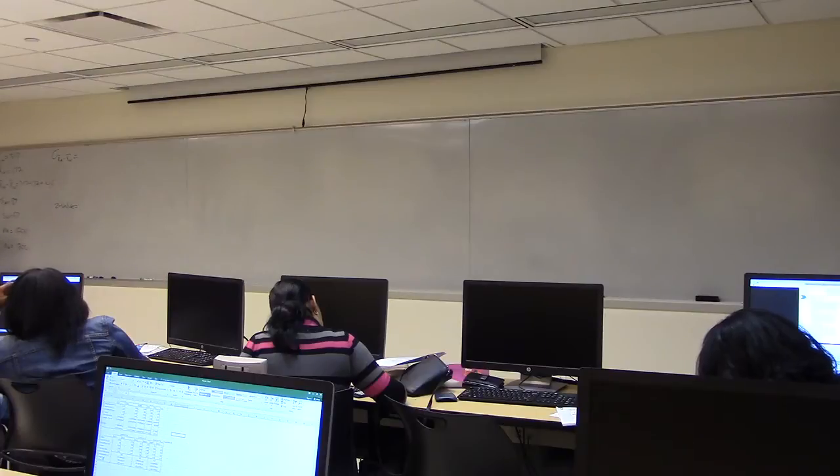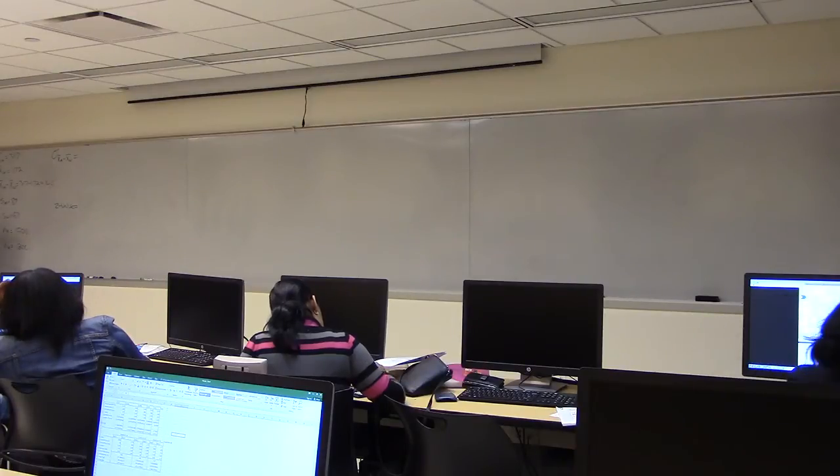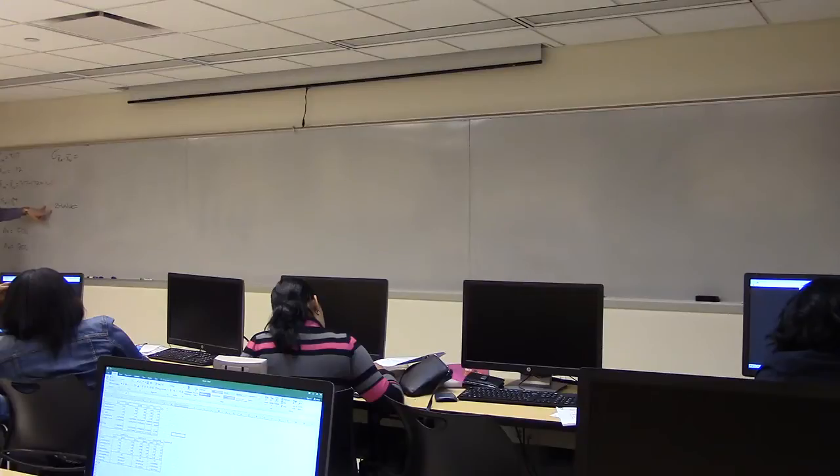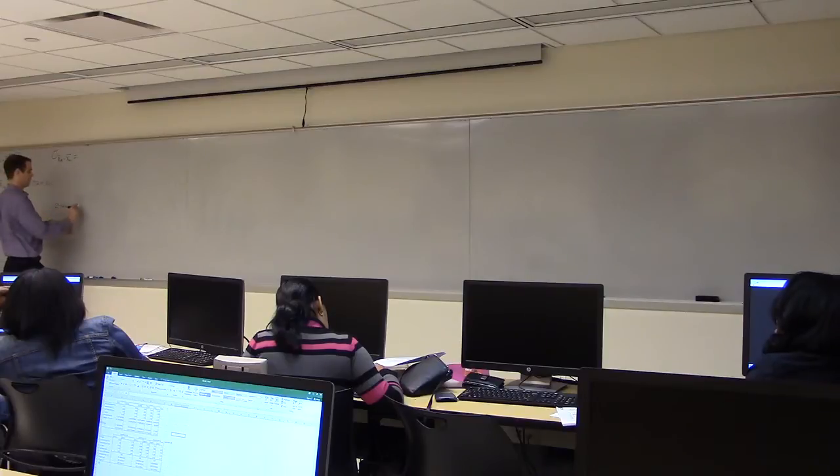So we know exactly how many standard errors we need to add to and subtract from the point estimate to get our desired confidence level. Our desired confidence level is 95. So what's the z value we need? 1.96 plus or minus.